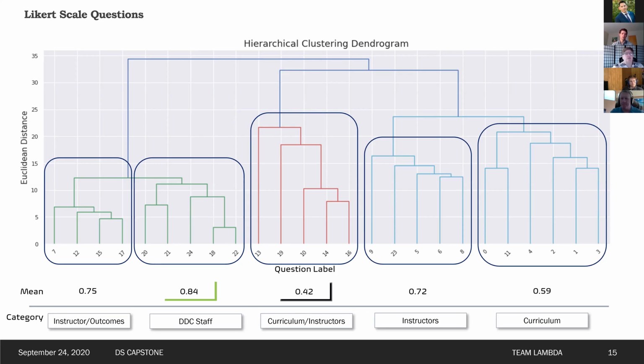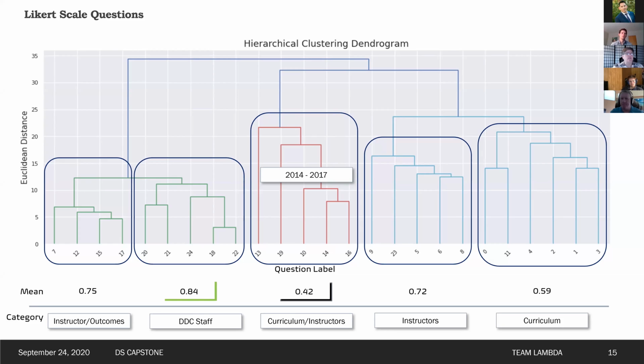Upon further review, we found that the center cluster was for only questions that were posed between 2014 and 2017. In the later years, these questions were presented differently and are represented by the outcomes we see on the rightmost clusters. And then you see that the instructors and the curriculum pulled apart.